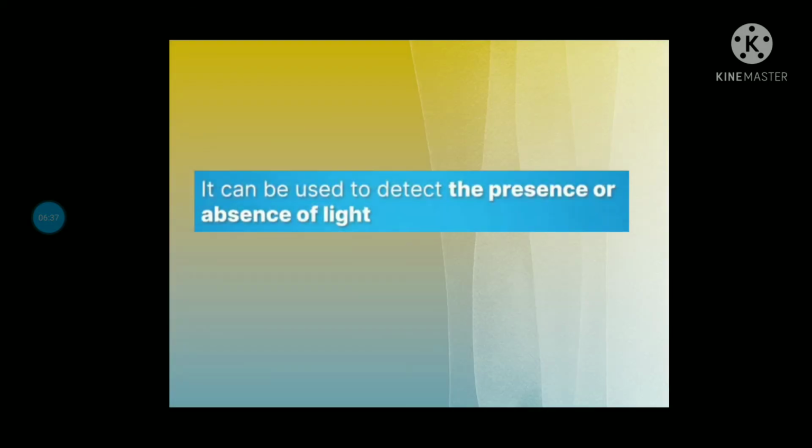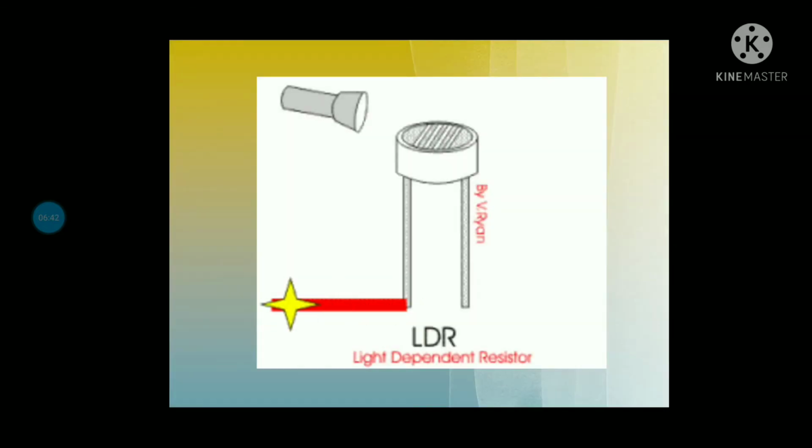It can be used to detect the presence or absence of light. You can see in the image that as light falls on the resistor, the resistance decreases and current passes through to the other side of the resistor. If light falls on the resistor, the resistance automatically decreases, that's why current is able to flow.